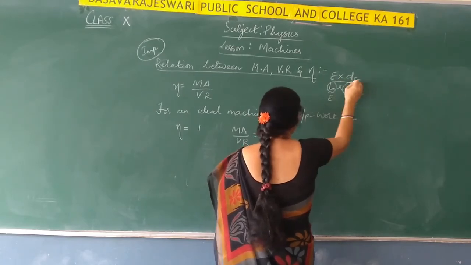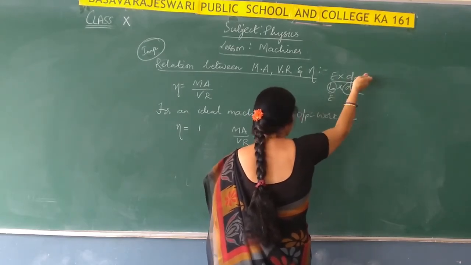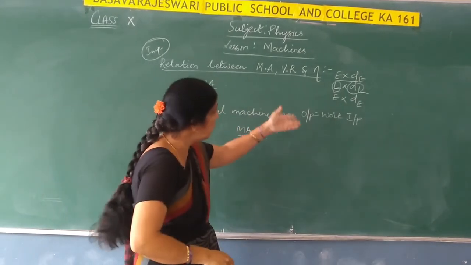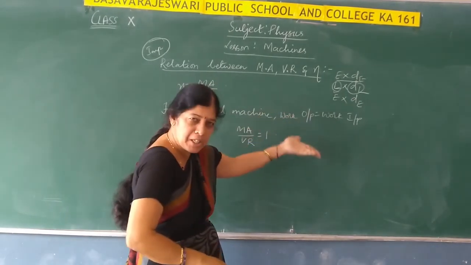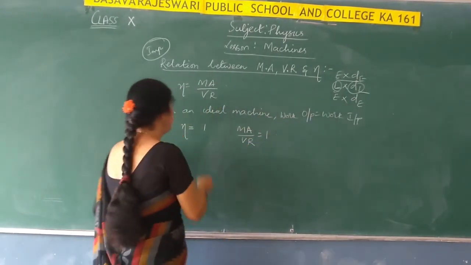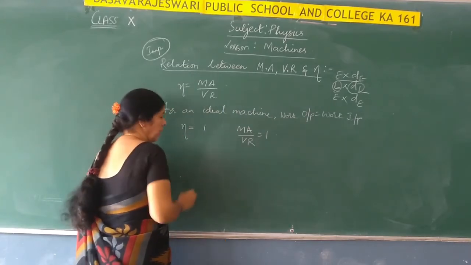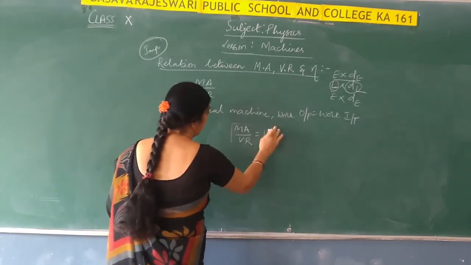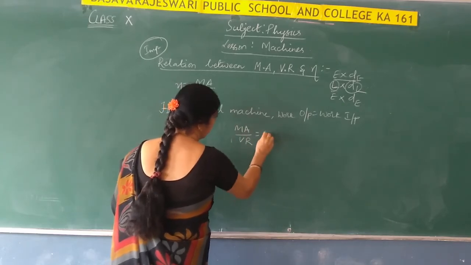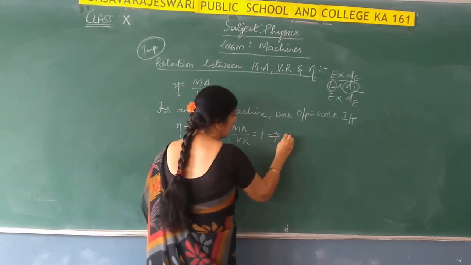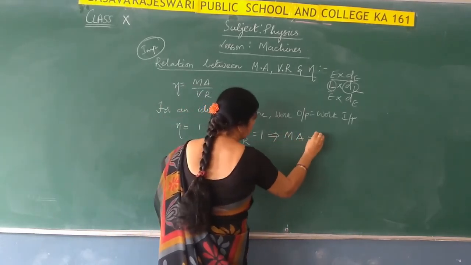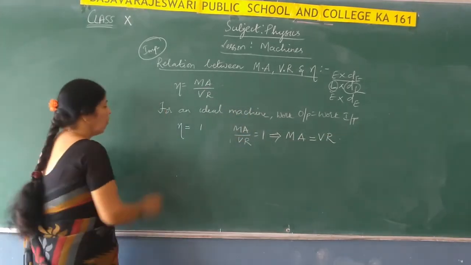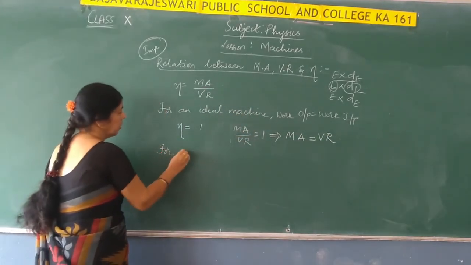Then mechanical advantage will be equal to 1, velocity ratio will be equal to 1, so the efficiency will be equal to 1. So always remember, for an ideal machine, mechanical advantage by velocity ratio is equal to 1. This implies mechanical advantage will be equal to velocity ratio. Understood?